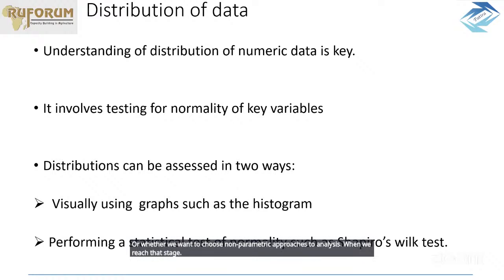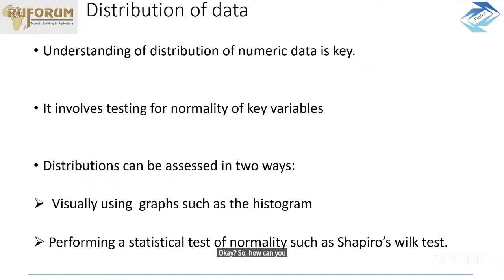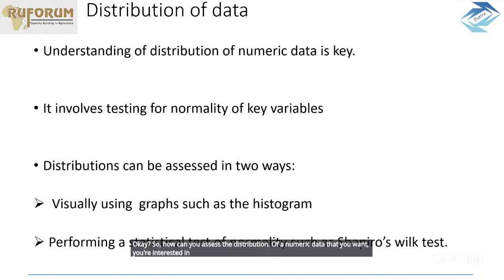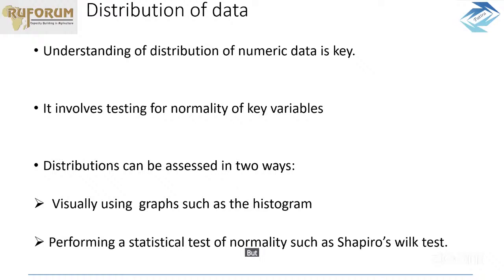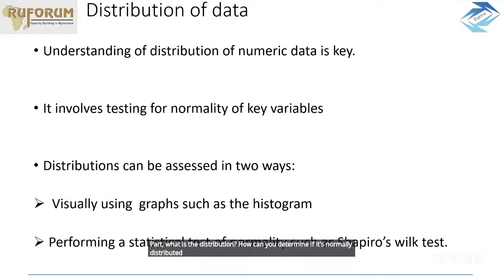So how can you assess the distribution of a numeric data that you're interested in? For example, if it's age, what is the distribution? How can you determine if it's normally distributed? How can you determine if it's not normally distributed?